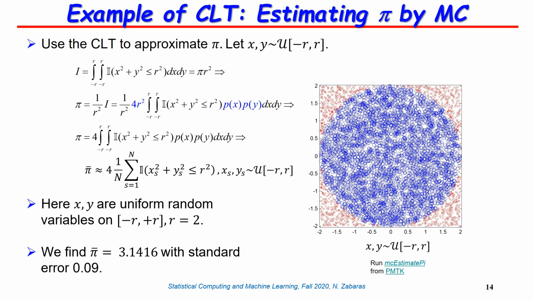If nothing works, 99.99% of the times Monte Carlo sample methods will always work. Okay, so that's an example, an application of the central limit theorem that I use here also to get the standard error. So that's an application of CLT in computing integrals, and in this particular example, evaluating pi.